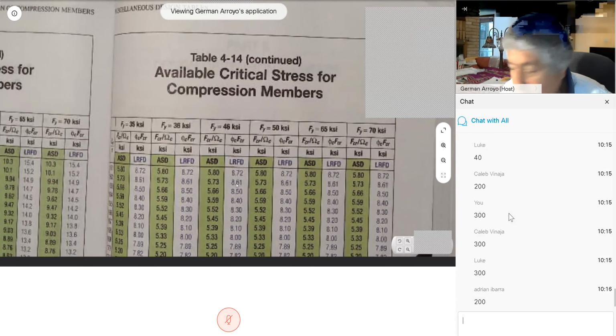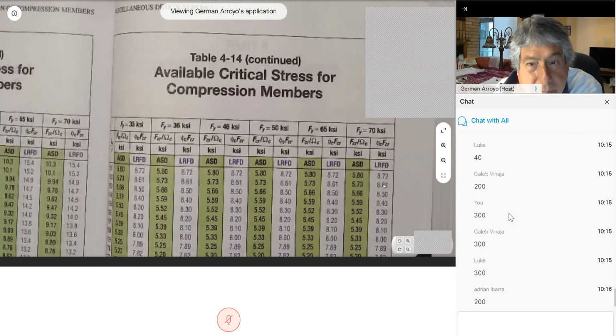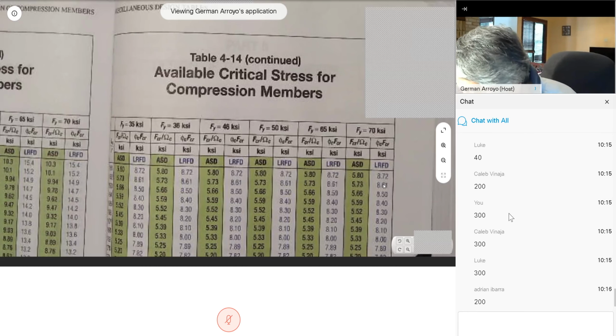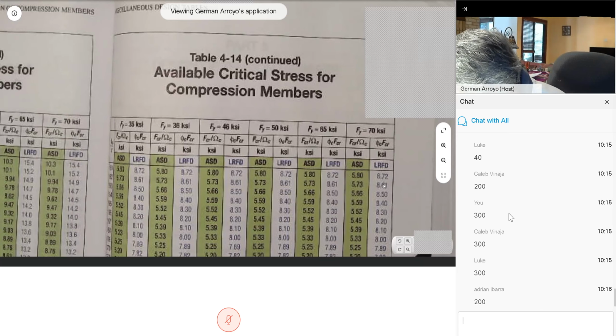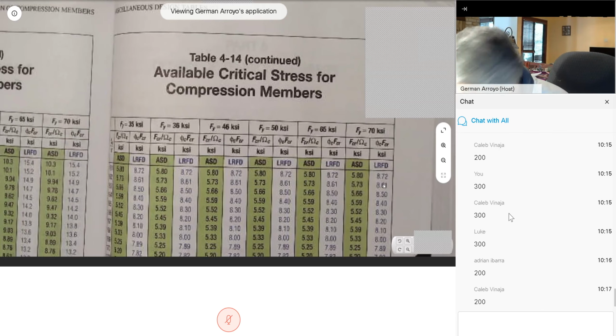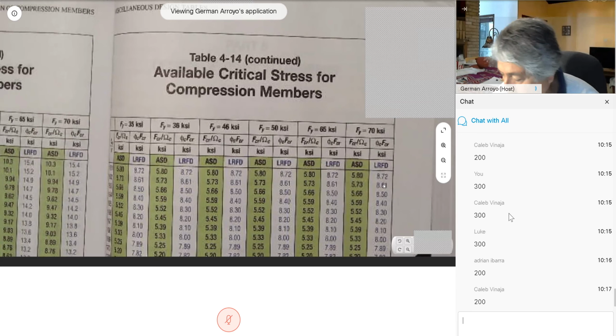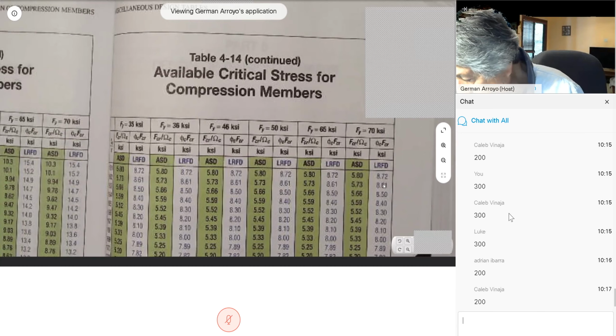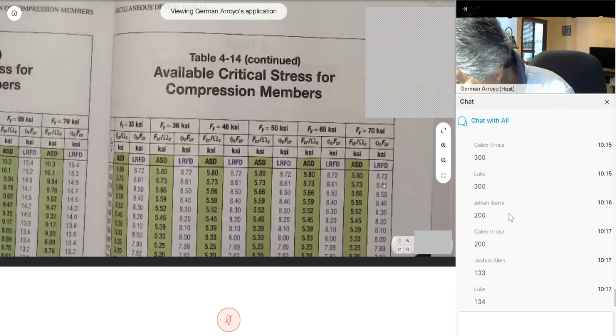Tell me, where is the limit when they're no longer the same? What value? 133 is not correct. 134.